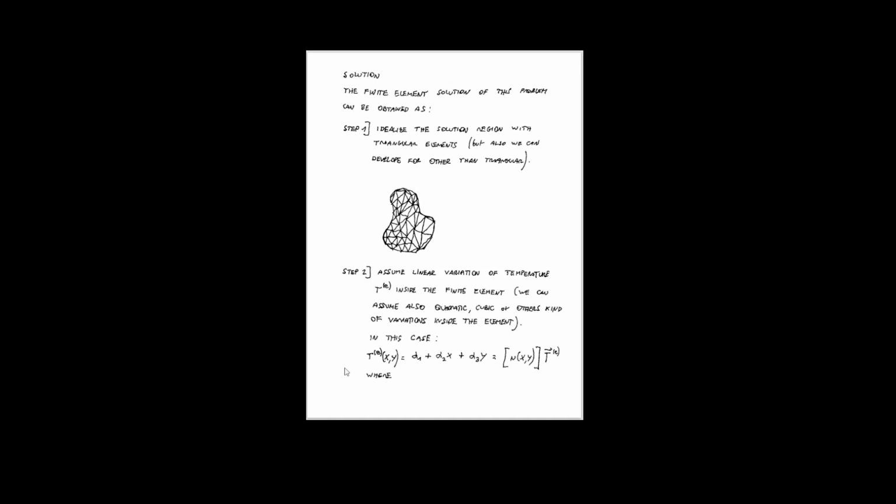For example, the distribution function of x and y can be written as alpha 1 plus alpha 2 x plus alpha 3 y, that is equal to the vector N multiplied by the vector Te.